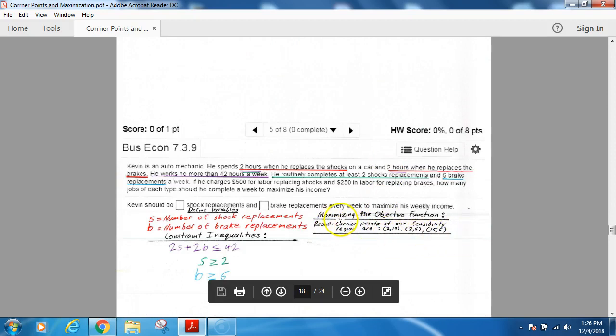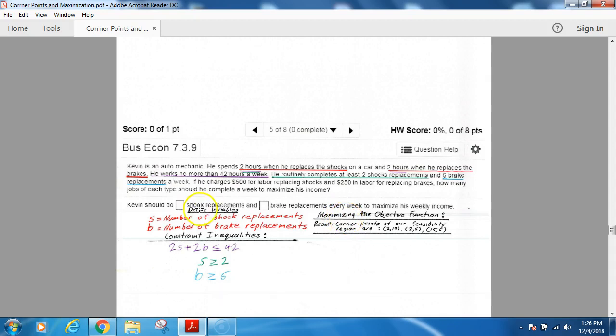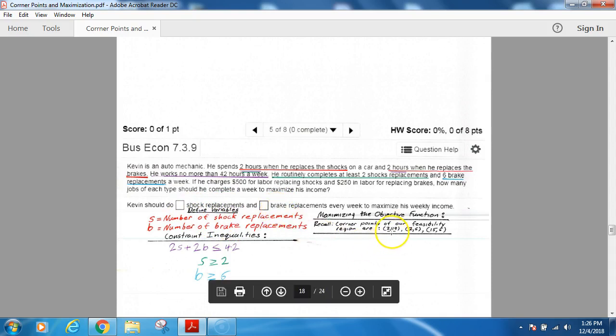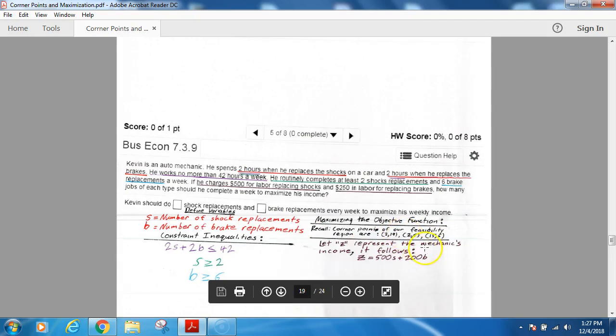All right, so back to the question that we're asked. We want to figure out how many shock replacements and how many brake replacements we want to do in each week, and we just figured out different combinations for the feasibility region here. All right, so now it's time for us to figure out our objective function right here.